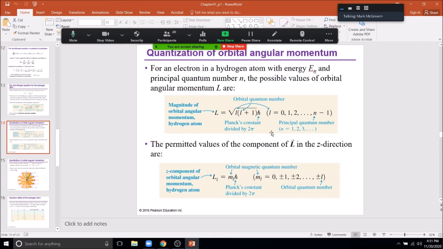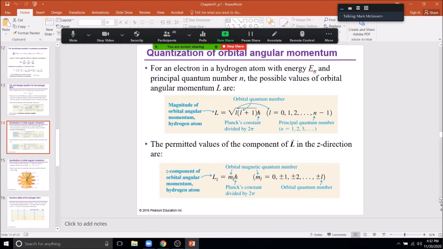And then the quantum numbers for the phi part of the wave function can be plus or minus values up to L. So that means you could have 0, plus or minus 1, and that would represent your three values, 0, -1, and 1.